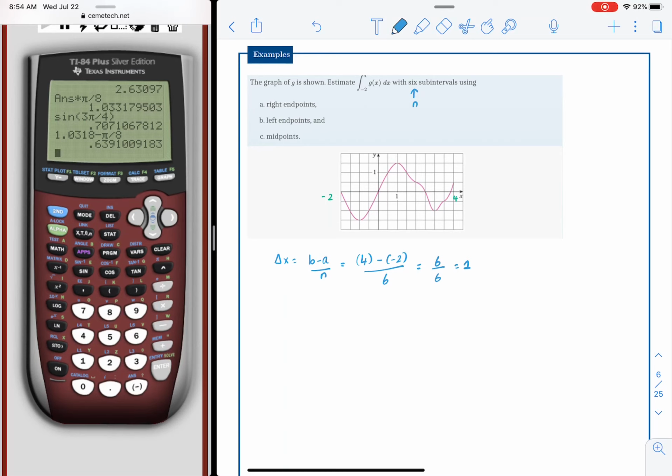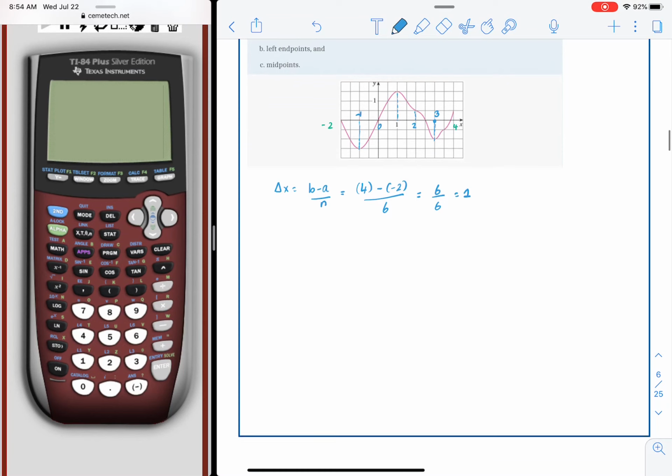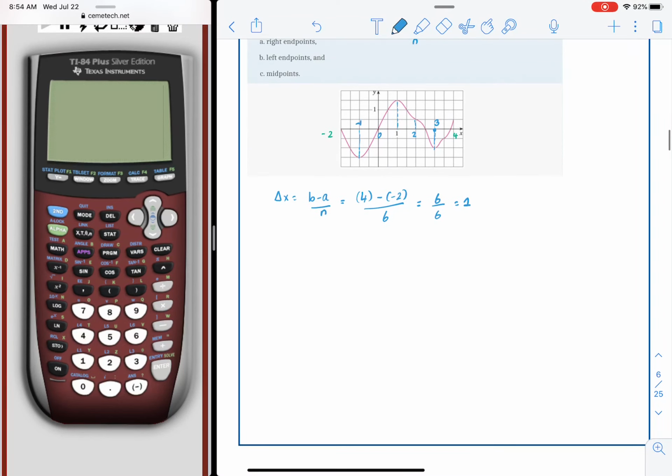So the endpoints are -2, -1, 0, 1, 2, 3, and 4.